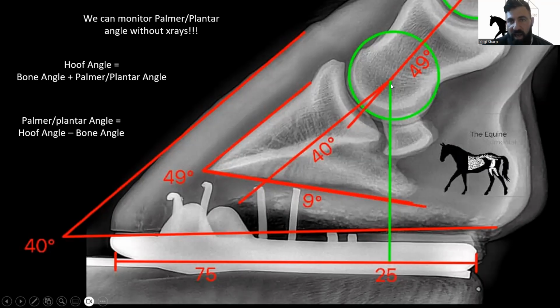Okay, and as you can see here, again, we've put the base proportions on this one, and you've got 25% heel support to 75% toe support. Why are the proportions so bad? Because we've got such a broken back hoof pastern axis. We've got a lot of toe here as well, which needs to come off. We've got such a broken back hoof pastern axis that no matter how long we made this shoe, we would never get to 50-50 around this point.